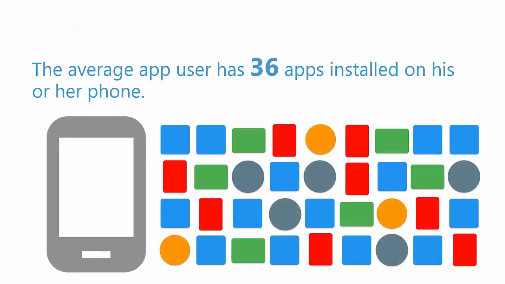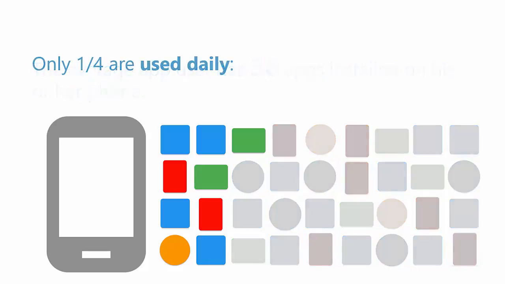Google did a survey of all their Android devices, and they came up with this statistic that the average app user has 36 apps installed on their phone. How many would fit in that category? I actually think I have quite a few more on mine. What's really interesting is that only a quarter of those apps are actually used daily.